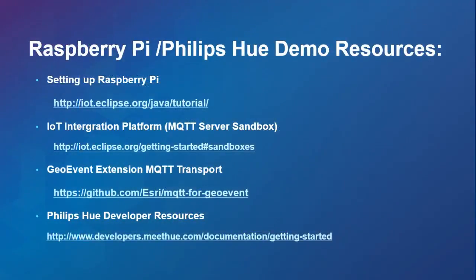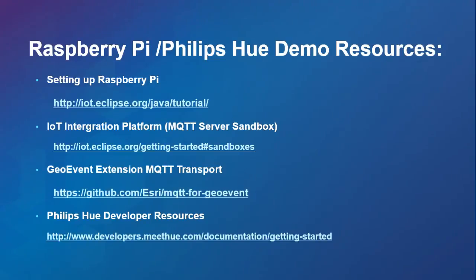So the demo is quite simple, but it illustrates the architecture of an IoT solution. It demonstrates how GeoEvent can be used as an IoT application. In reality, the devices could be cars, appliances, or sensors connected to an IoT hub, and they may have location information attached.